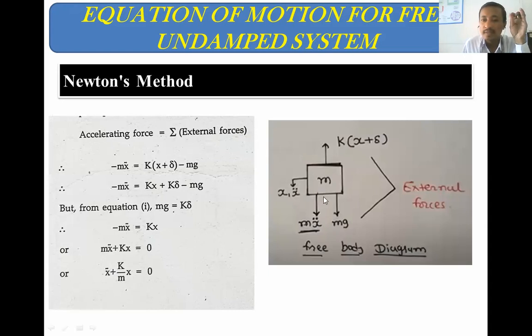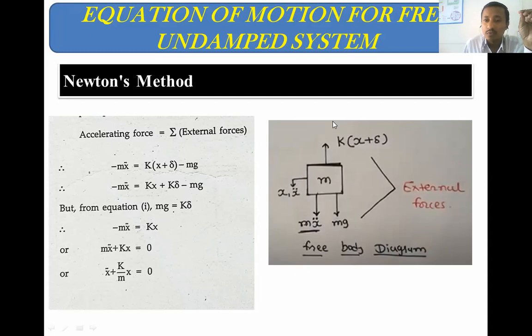The accelerating force is mx double dot, which is due to gravity, so the mass tries to accelerate. The external forces: one is mg, the force due to its mass.